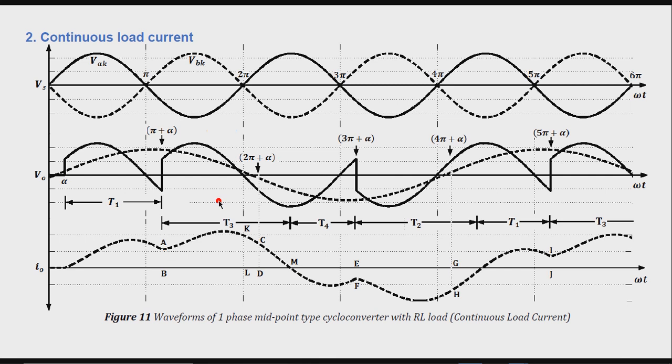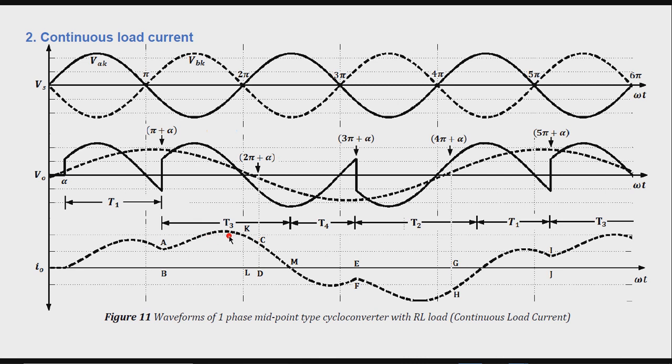So with turning on T3 at pi plus alpha, at here we have to trigger T3. Then the output voltage is again positive, as it was with T1 on. As a consequence, load current builds up further than AB.